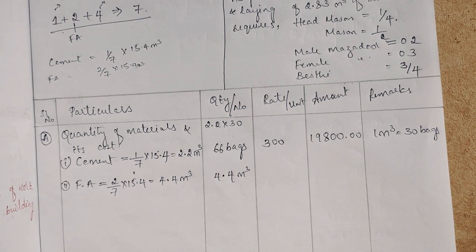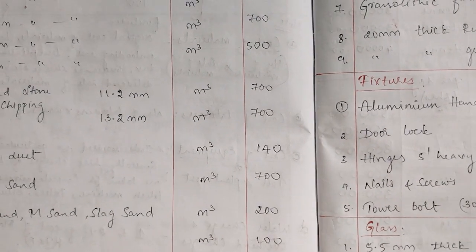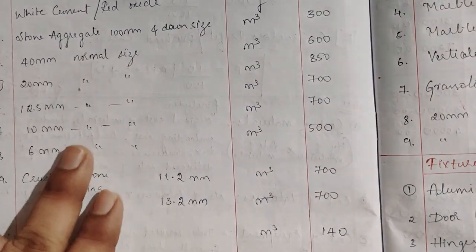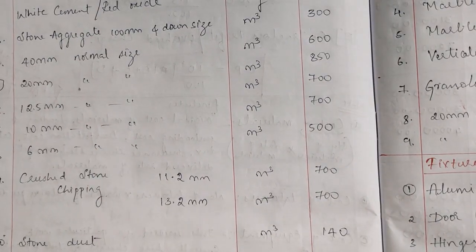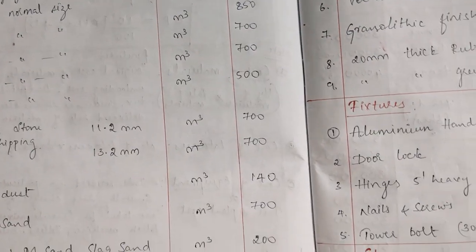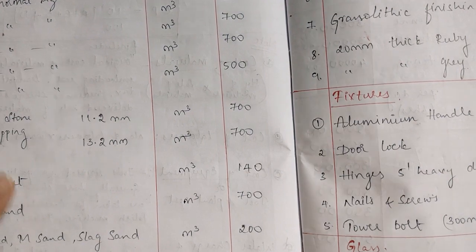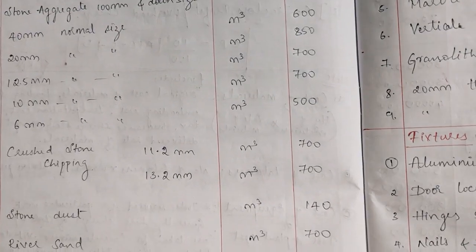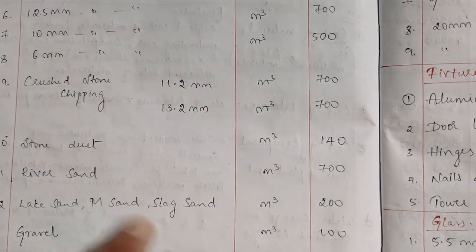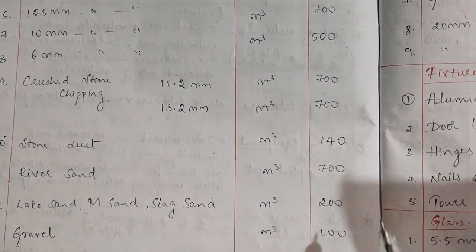You have to take a note of these or take them in a sheet and keep it with you when you are solving the problem. So I'll just show you again by going backside. So fine aggregate, river sand, it is 700 rupees.